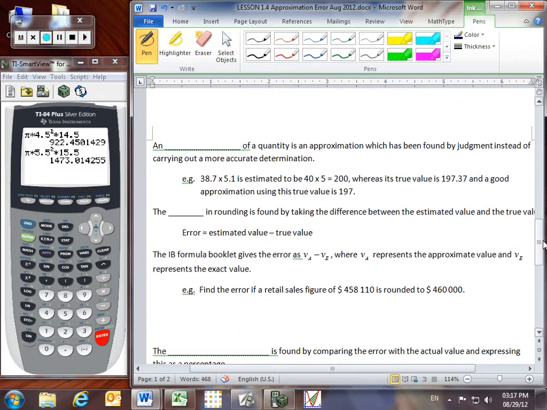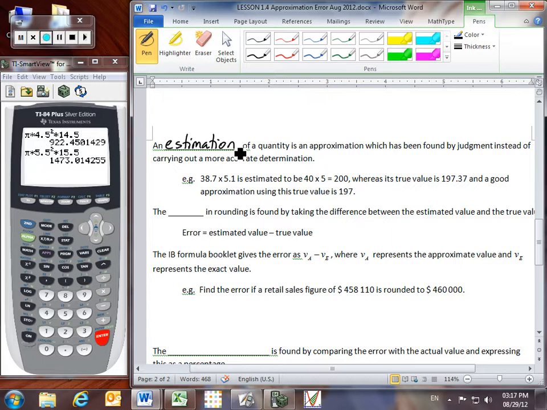On the other hand, an estimation will be an approximation which has been found by judgment instead of carrying out a more accurate determination.